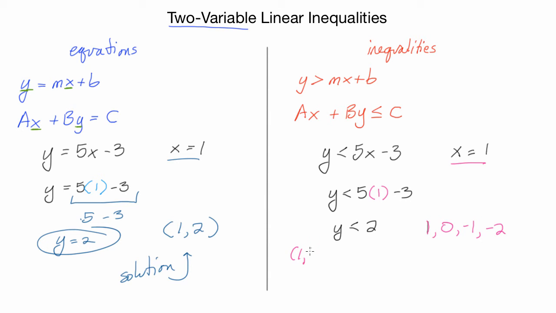So one solution to that inequality is (1, 1). One solution is (1, 0). One solution is (1, negative 1). One solution is (1, negative 2). For an x value of 1, those are all y values that work. And so I have 4 different points that are all solutions, and there's an infinite amount because I can keep going. I can keep finding other y values just for that particular x value.